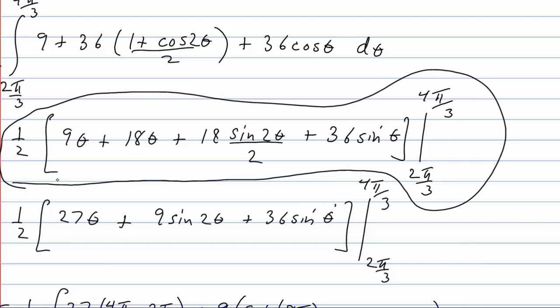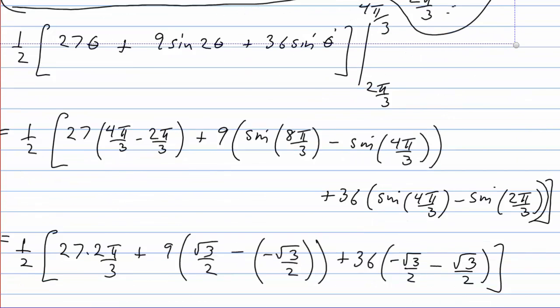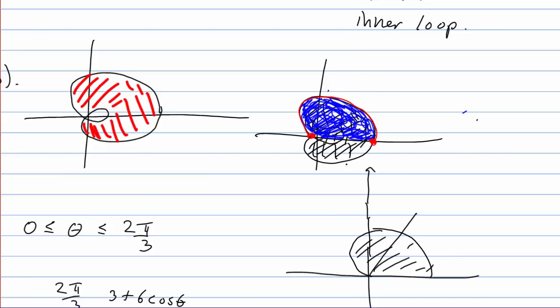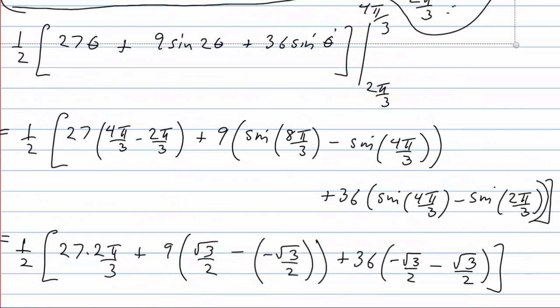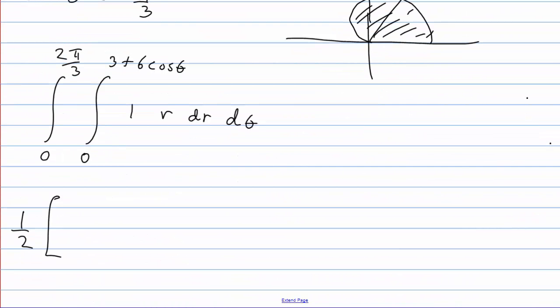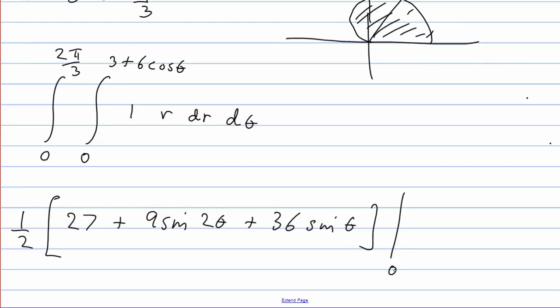We just want to change the bounds to be slightly different. Namely we want 1/2, let's see, I don't even remember what it was. We had 27 theta plus 9 sine of 2 theta plus 36 sine of theta from 0 to 2 pi over 3.